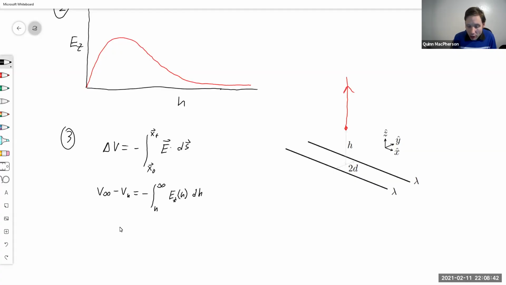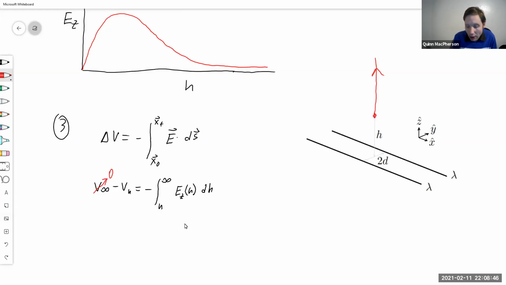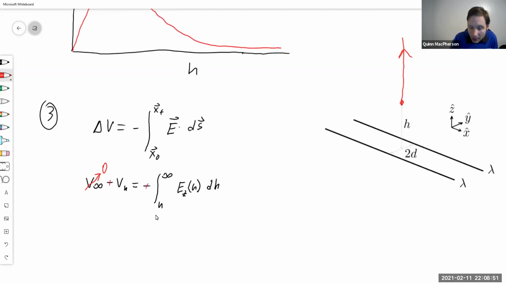We call this thing here 0, since the voltage at infinity is defined to be 0. We can then cancel our negative signs. Now we're going to plug in the E that we found earlier.